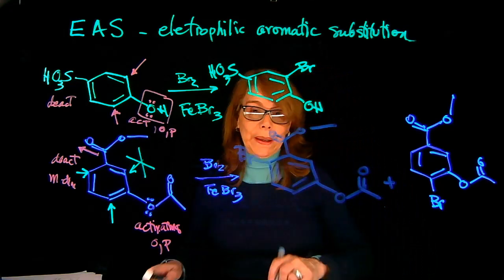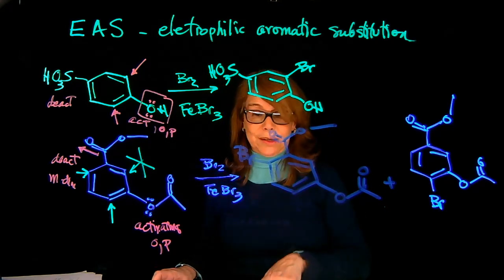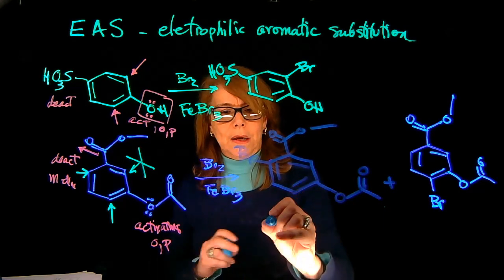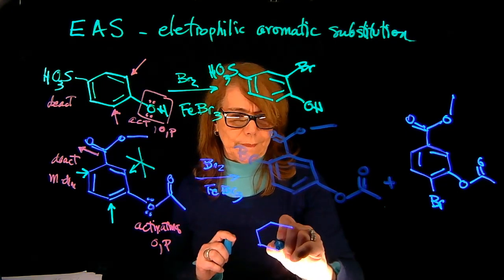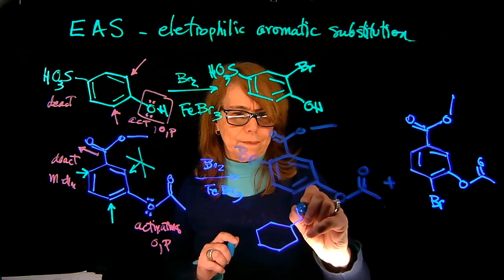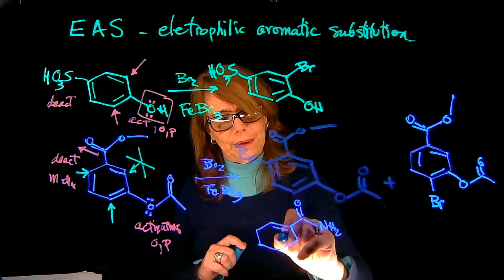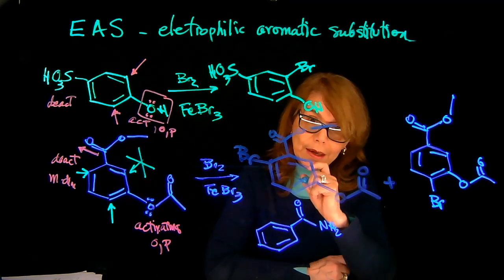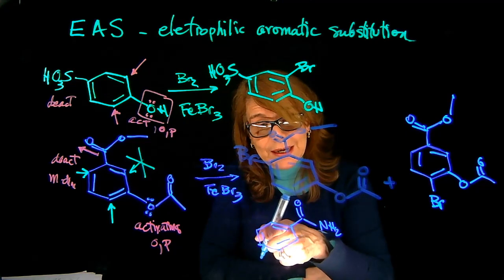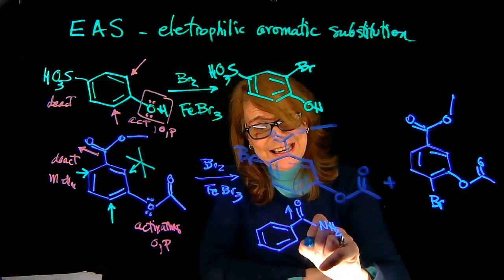And here we need to pay attention to other similar cases, which are amides. So if you had, say, this, and that's an amide, right? That's benzamide. The carbonyl is directly attached to the ring, so this is deactivating.